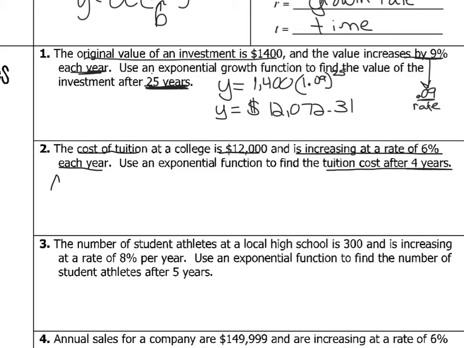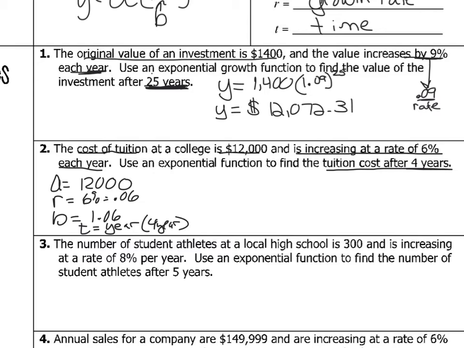So A, our initial, is $12,000, her first year of college. Her rate is 6%, so 0.06. So that's going to make our factor, what's our factor going to be? 1.06, right? And then T, it's by year, so we're looking for 4 years.